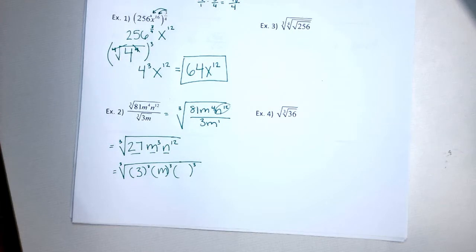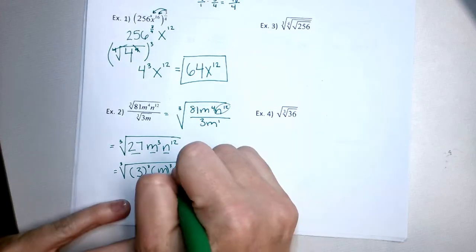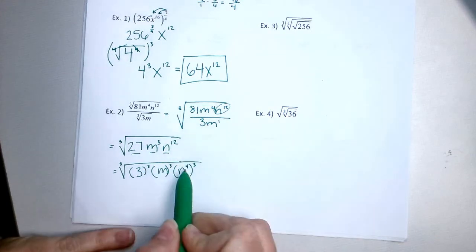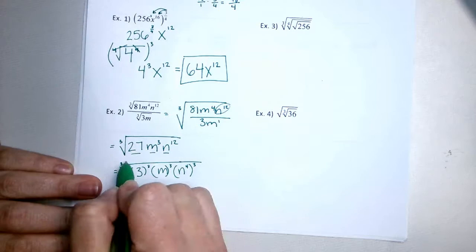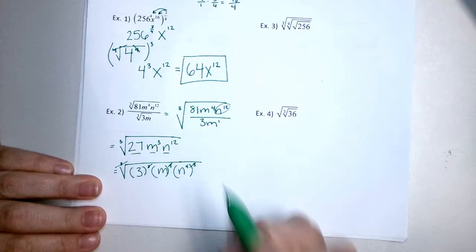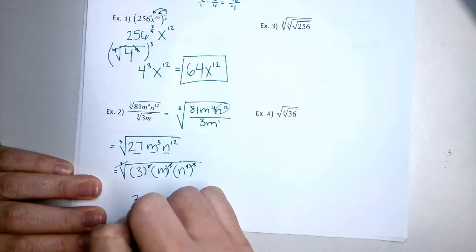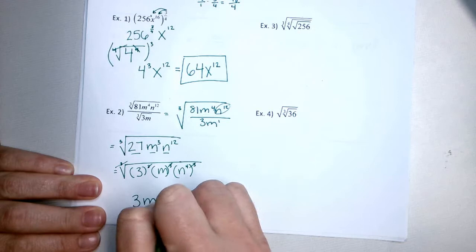It's been a while. And 4. You're exactly right. Because this is power to a power. 4 times 3 is 12. So did I change anything mathematically? No. So this cube root cancels all the cubes. And we're left with 3m n to the 4th.